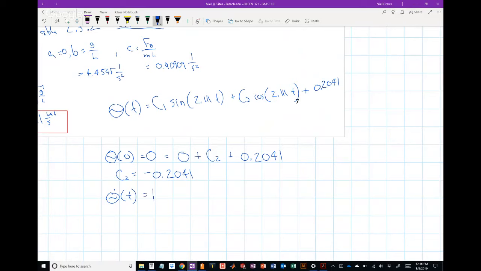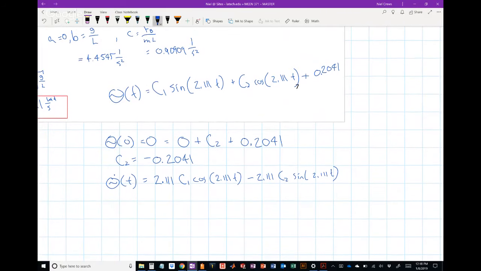Okay, our theta dot of t we know is going to be 2.111 C1 times the cosine of 2.111 t minus 2.111 C2 times the sine of 2.111 t.